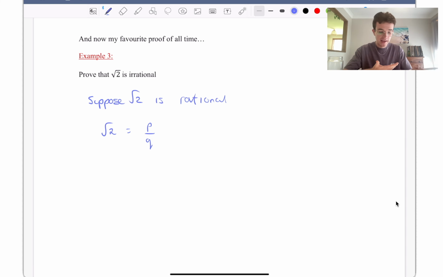Every single fraction can be simplified all the way down until we can't simplify it anymore. So we might say that this fraction is in its most simple form, so p and q are integers with no common factors.